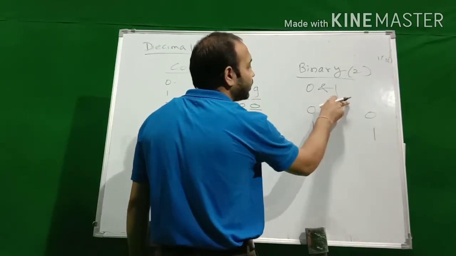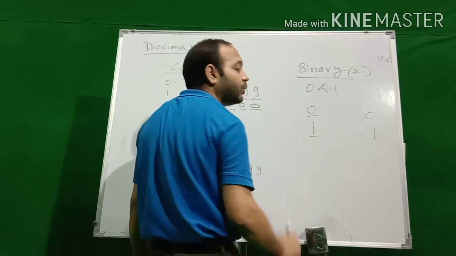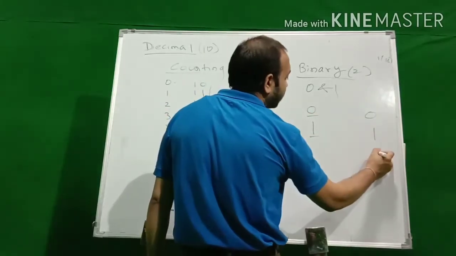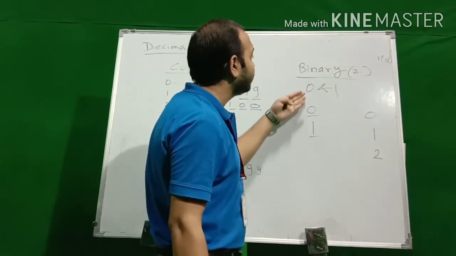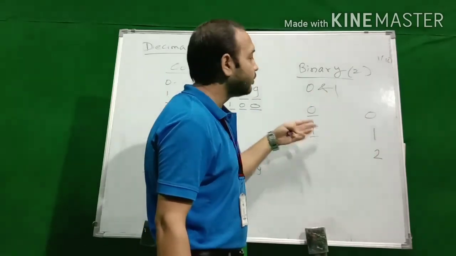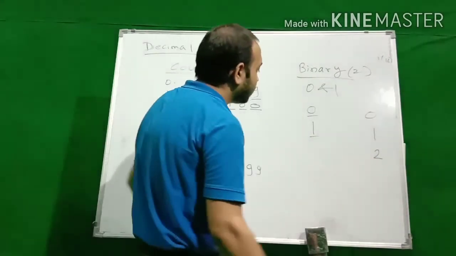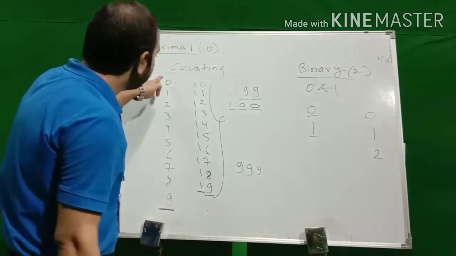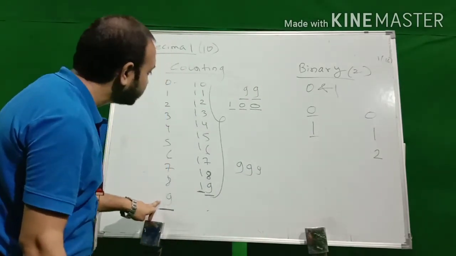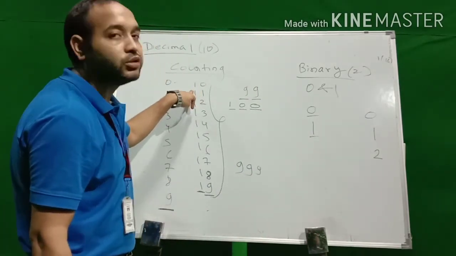Now we have used our two numbers 0 and 1. Now we want to write 2. Now I don't have any more numbers, I have used both 0 and 1, but I want to write 2. So we have to take the next position, like I told here we have used the first position, then we have to use the second position.